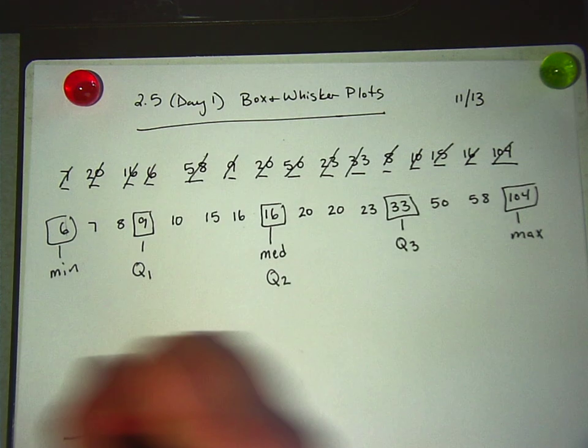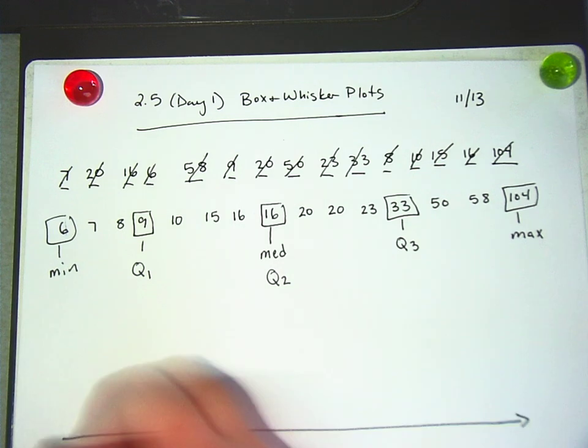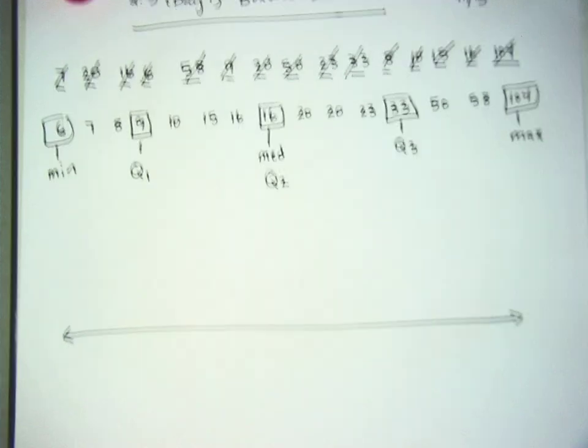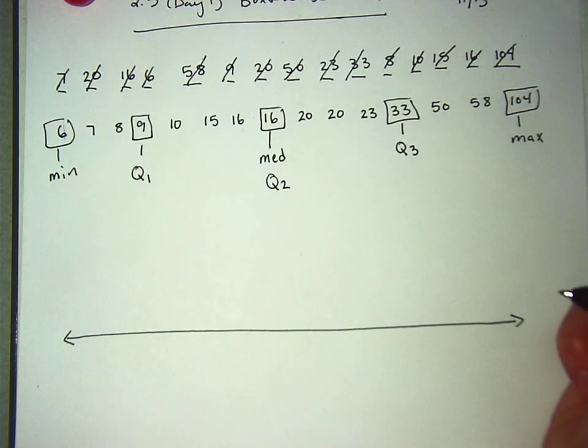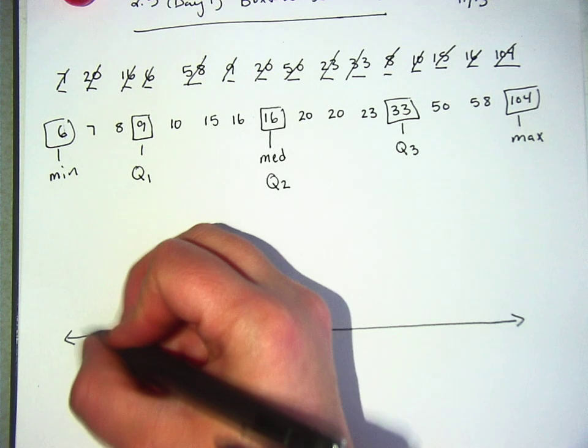So the next thing you do is you make a number line. Your number line doesn't have to be perfect, but it does have to have all these numbers on it, and it does need to be spaced out fairly correctly.